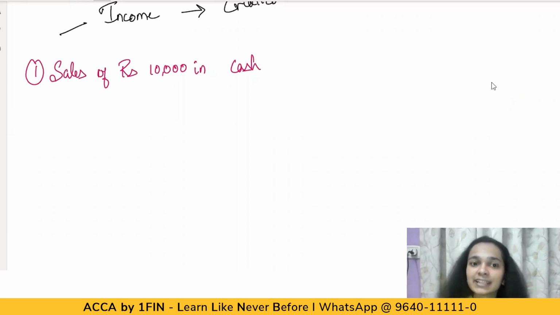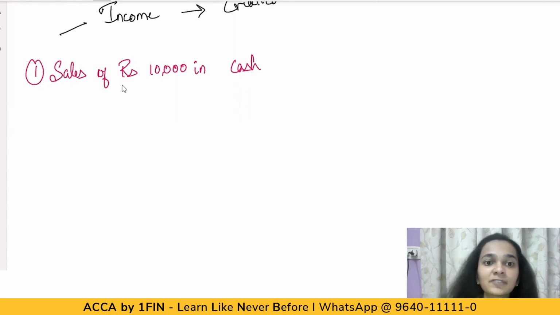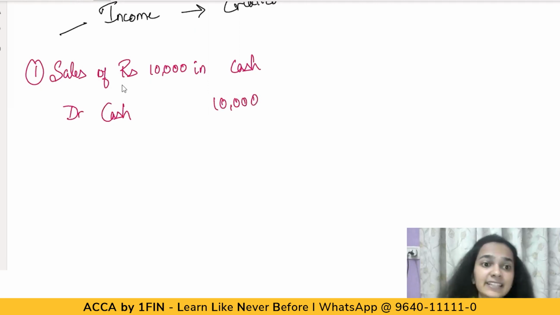There's a cash sale of rupees 10,000 which is being made by a business organization. So what will be the journal entry? We know when we are making a sale, we are receiving cash. So we have understood that if we are receiving cash, we'll have to debit cash. And sales is an income, so it will be credited.